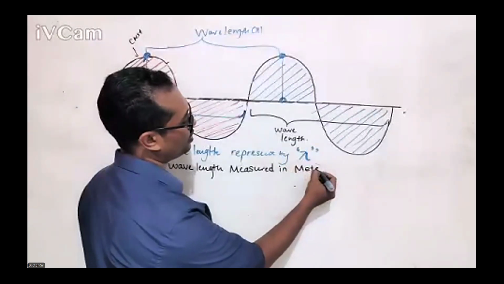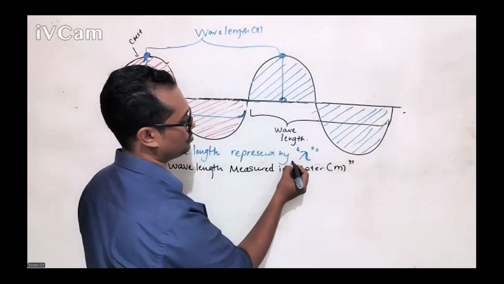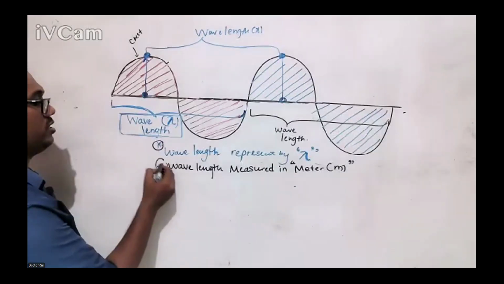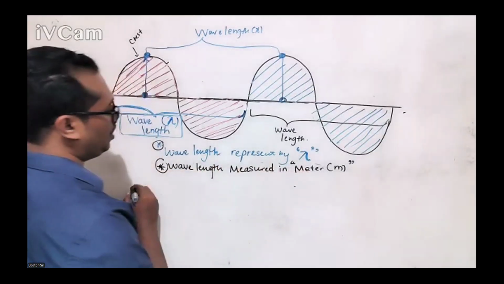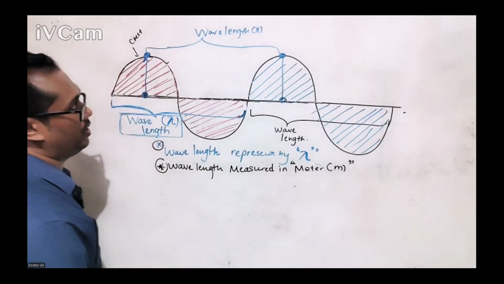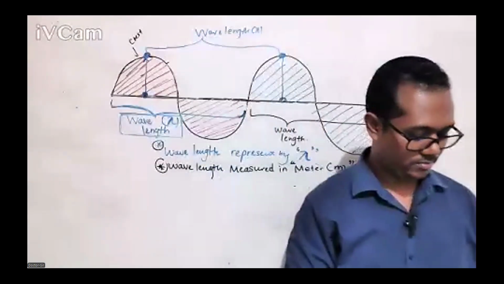So what is the unit we are using? Meter. So wavelength is represented by lambda and measured in meter. So we should know the international unit for the wavelength. That's a simple scenario, right?